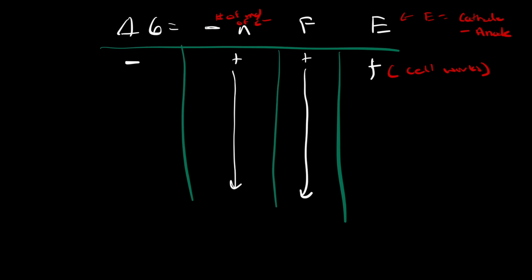And if it's negative, it's not working. So then if E cell is negative, it's not working. It would make sense for delta G to be positive. If it's not working, the reaction is not taking place. We're not transferring those electrons. So again, we're not doing the reaction.